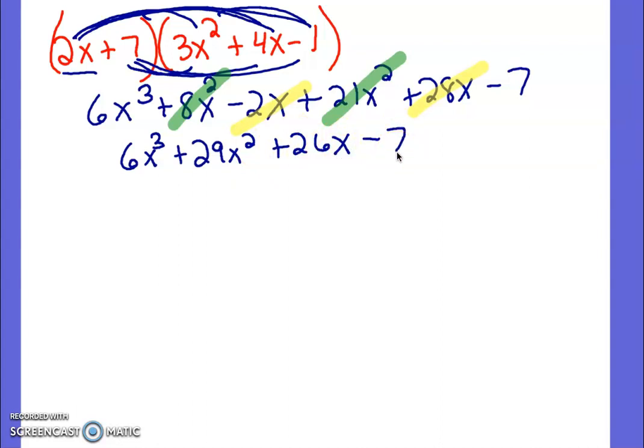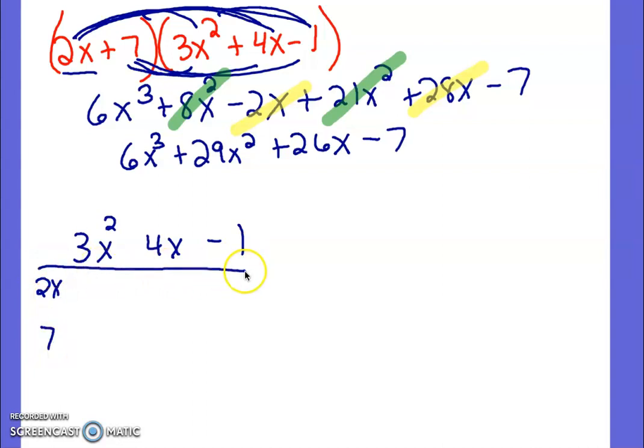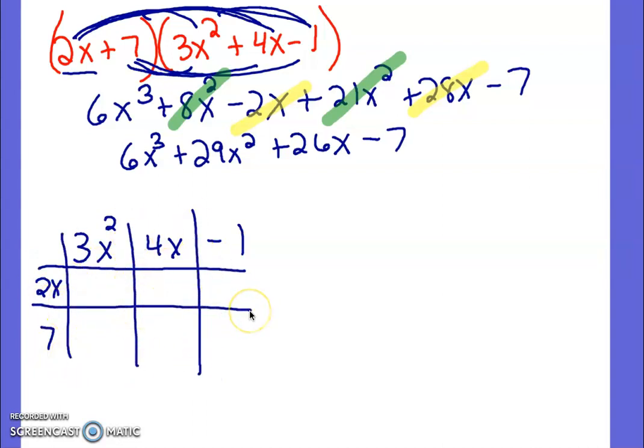If you wanted to write it as a chart, again, what you could do is the same thing. So you have 3x squared, 4x, and -1, and you have 2x, and then 7, and basically just do a chart system. And so you could do the exact same thing.